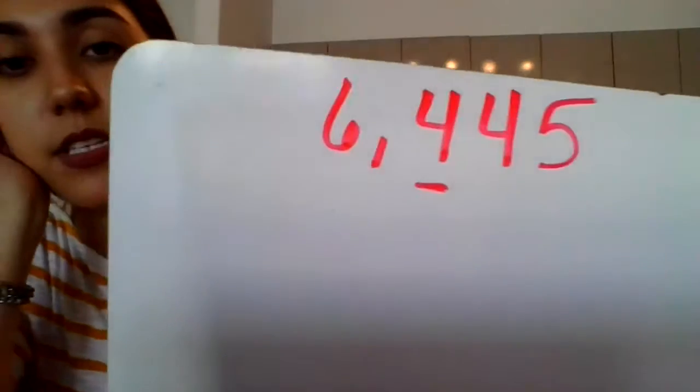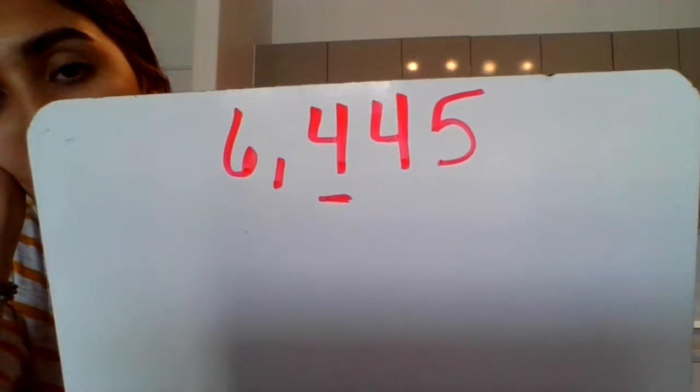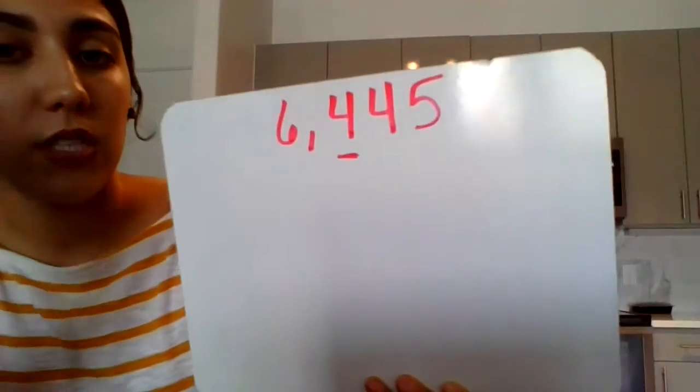What place value do they have underlined? I'm going to go ahead and write 6,445, and they have this number 4 underlined. What place value is that? Well, let's figure it out together.